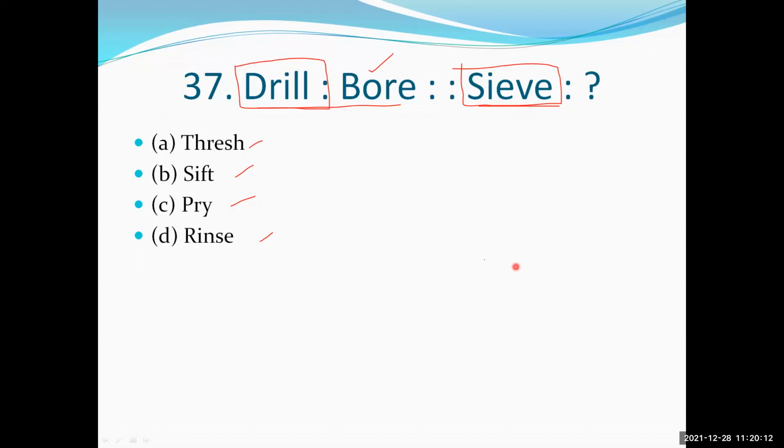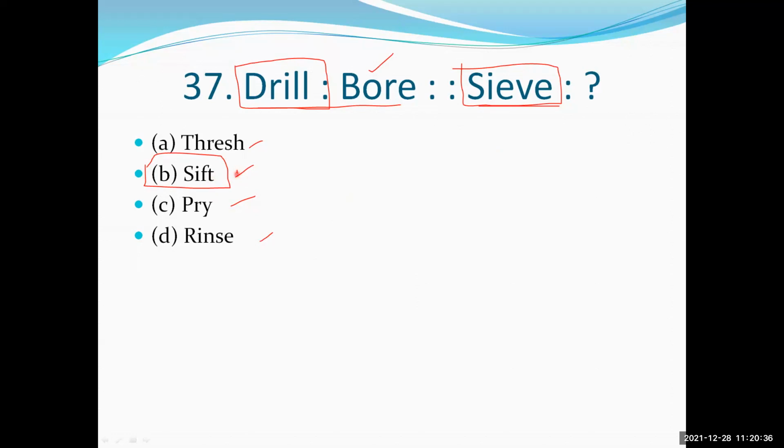Yes, Mayuri, Pranali, they are all answering, and that's right. So all of you just ensure that it is SIFT. SIFT will be the instrument used for sieving. So if you don't know the meaning of sieve or SIFT, then search it and get to know.